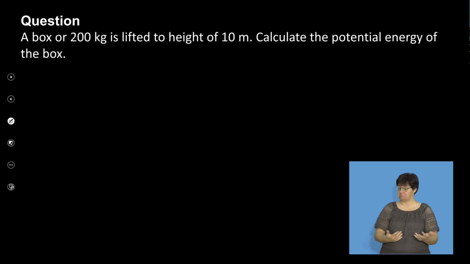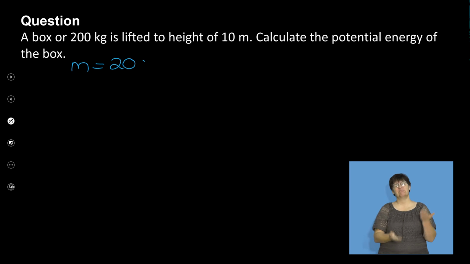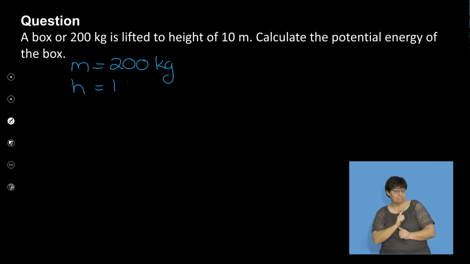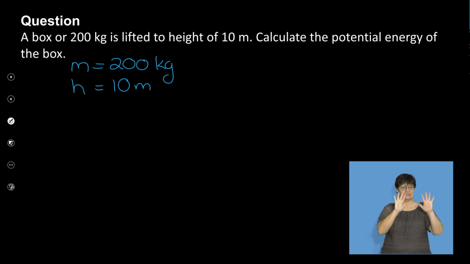Well, let's start with the easy one. We have a box of mass 200 kilograms. They tell me that it's at a height of 10 meters. They want the potential energy.